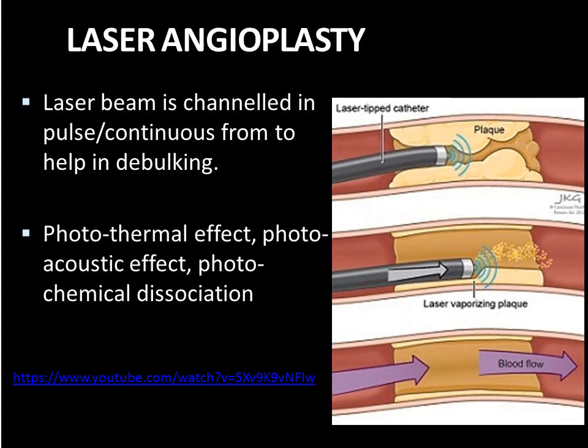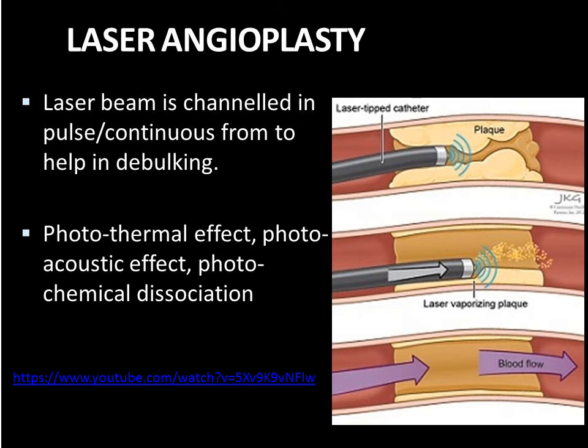And this is an example. This is just a picture which describes how angioplasty is done using lasers. Into this blood vessel, an optical fiber has been inserted, and that fiber will carry the laser light which should be used for treating this abnormality.